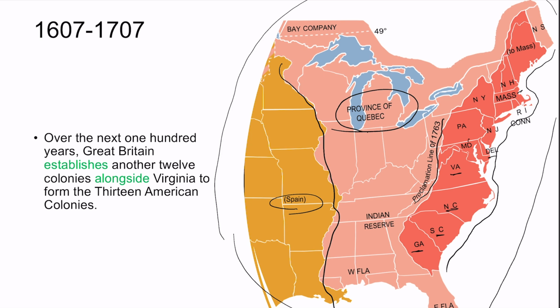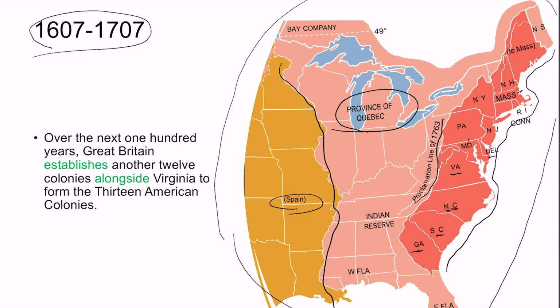We are looking at a map of North America, of the modern day United States of America. And during this time of 1607 to 1707, we can see the different places that certain European countries have claimed as their own territories.